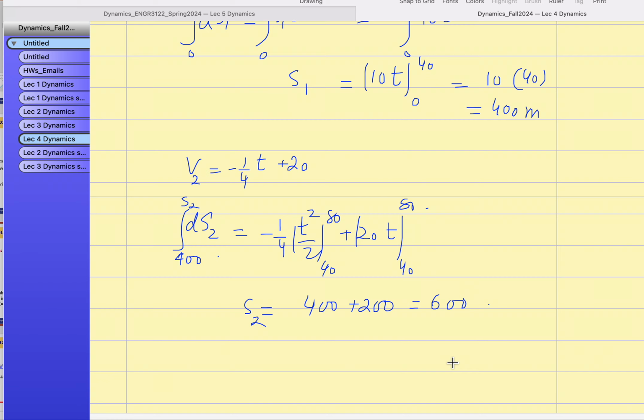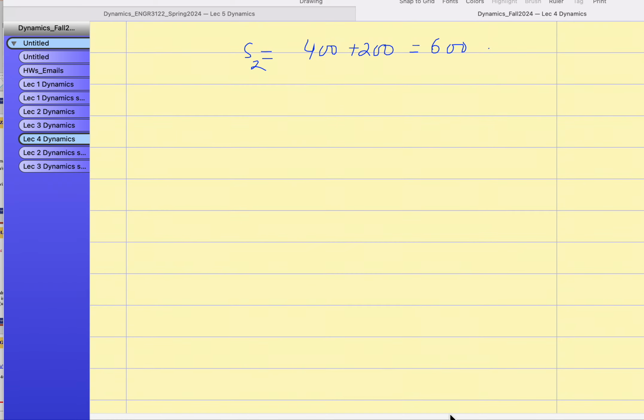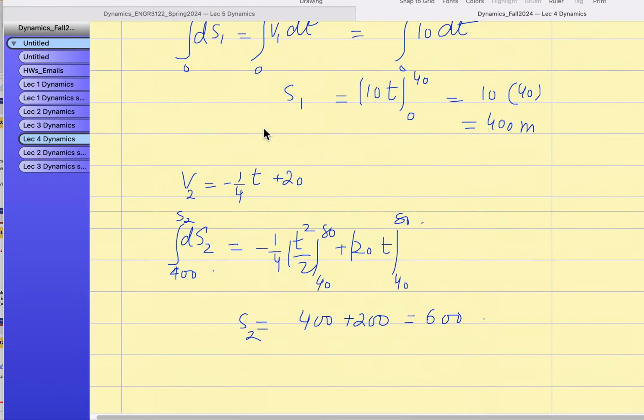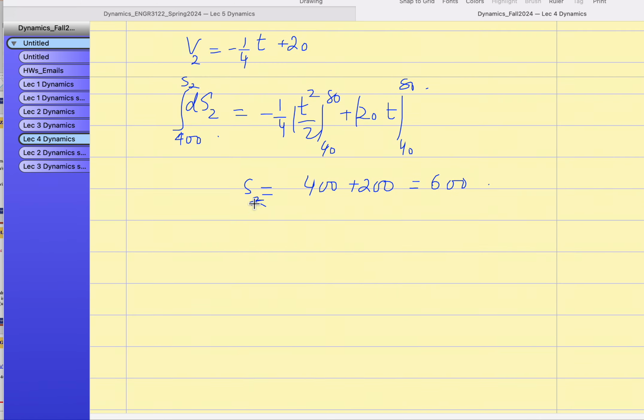So from that piece, the total distance is 600. This is a little bit confusing. This is my total. This is not. This S2 is the total distance, it should have been ST. I'm sorry, this should have been ST because I'm including this 400.